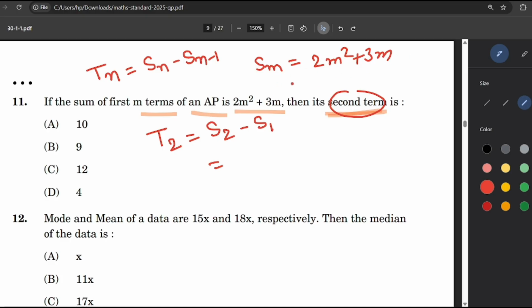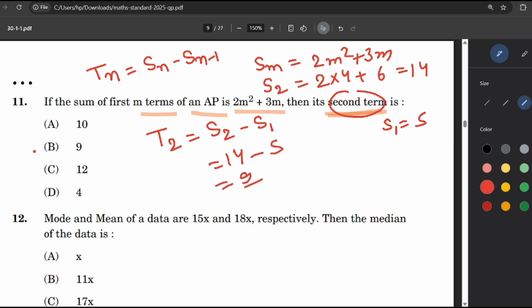Using this relation, the sum of 2 terms will be 2 into 2 square plus 3 into 2, which is 14, and the sum of 1 term will be 5. Now 14 minus 5 is 9. So option B is correct.